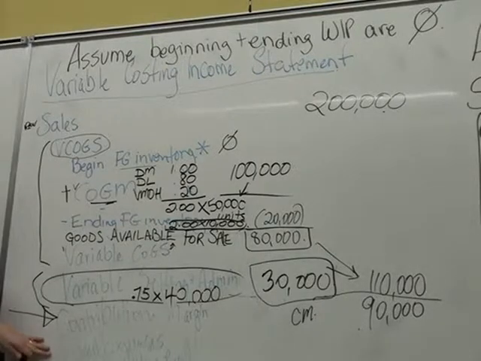Okay? So now we're going to take our fixed expenses out. And there are fixed expenses in variable costing. We expense them all in the period, whether they are overhead or selling and admin.